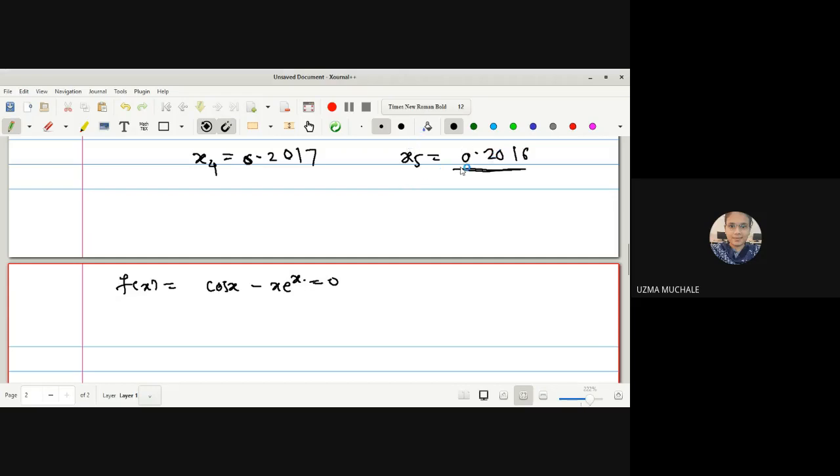Try to solve this and tell me the answer whether you get the 0.201 in the x5 also.